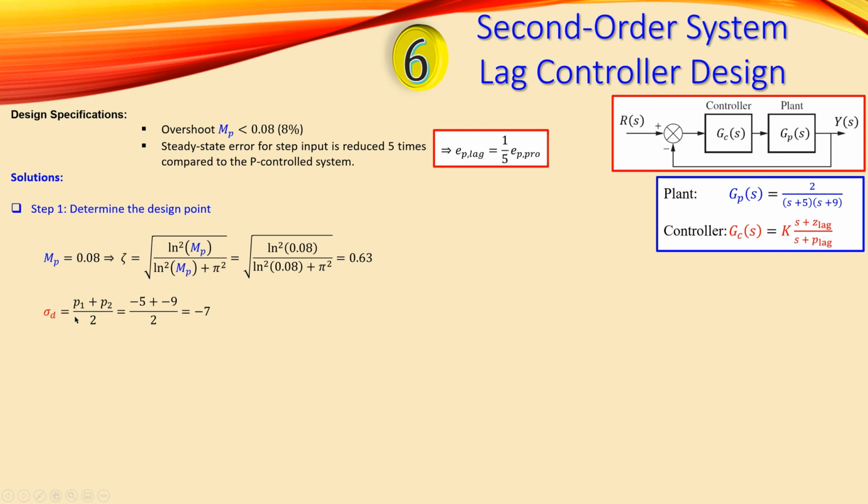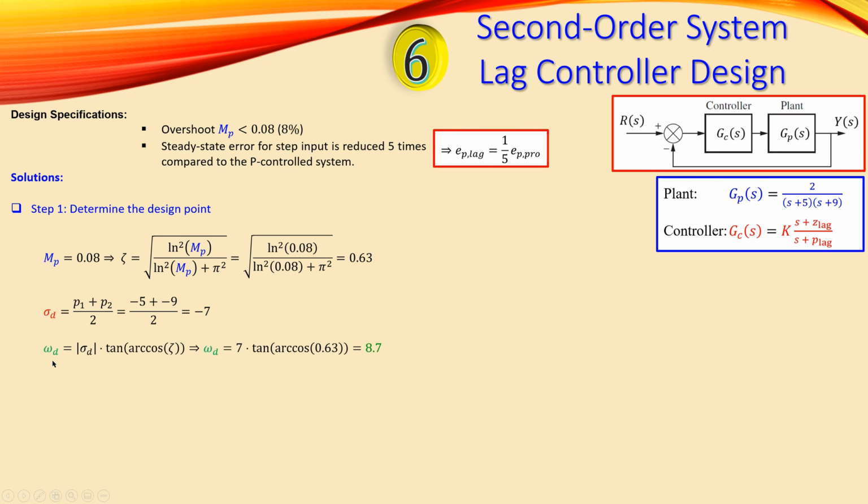The average of those will be the real value of our design point. That means the root locus of these two poles will cross each other at -7, and it will stay at -7 as the real value. So I will take sigma d, which is the real value, as -7, which is just the average of these two poles.